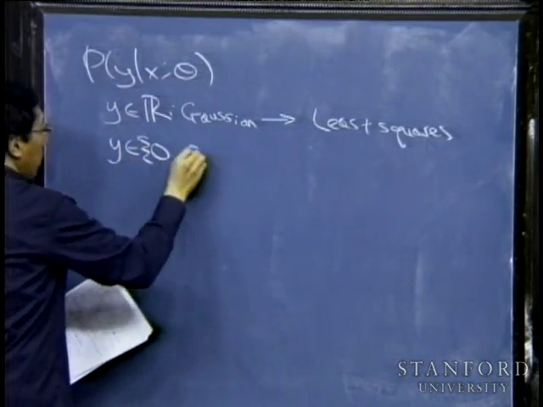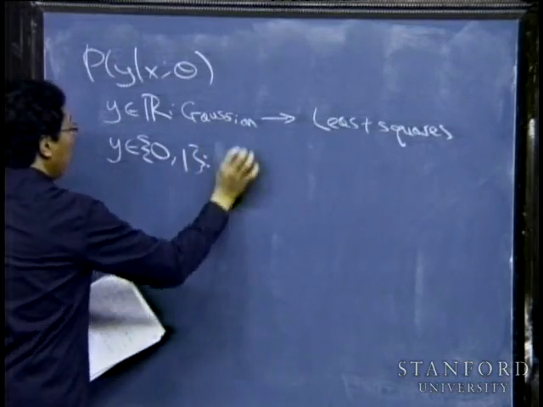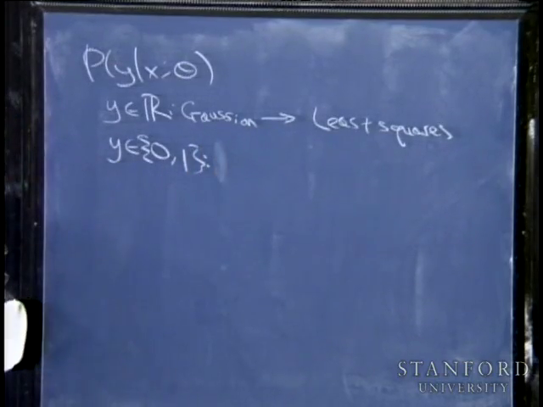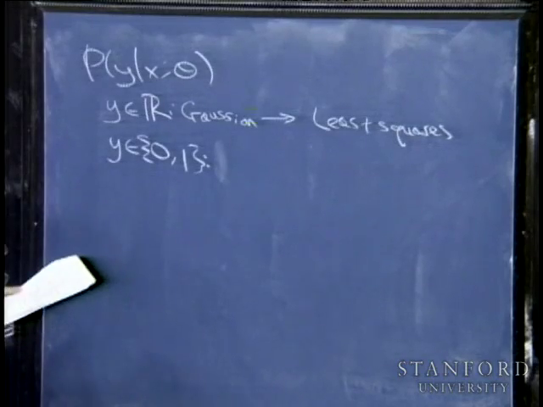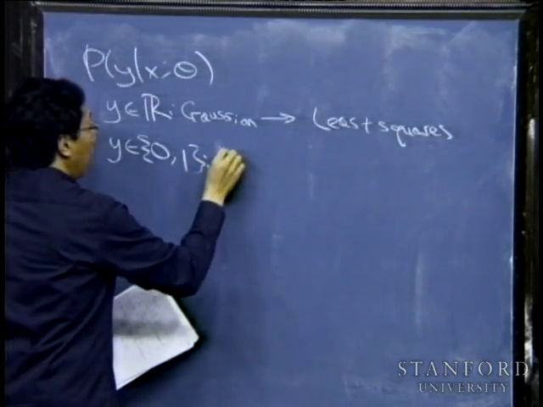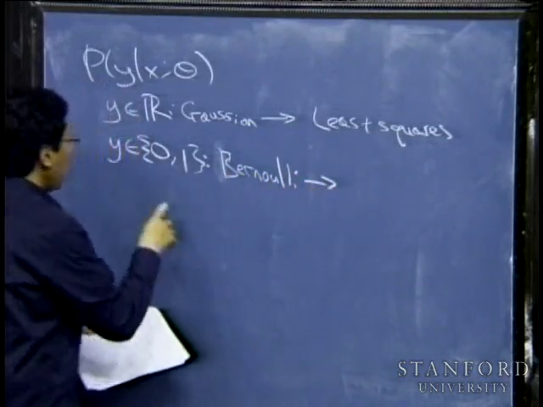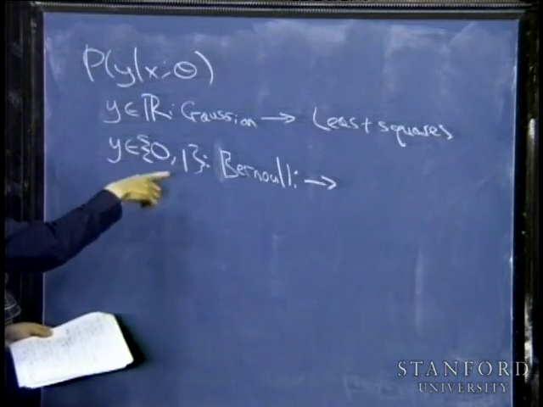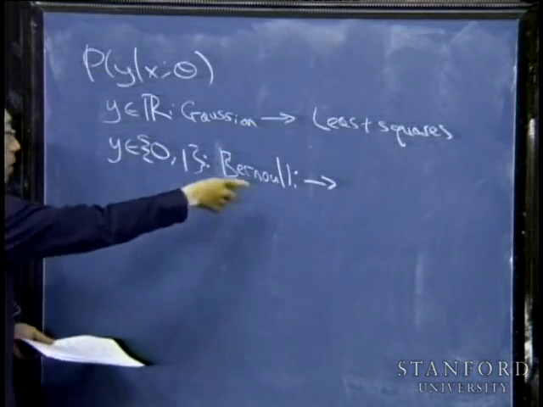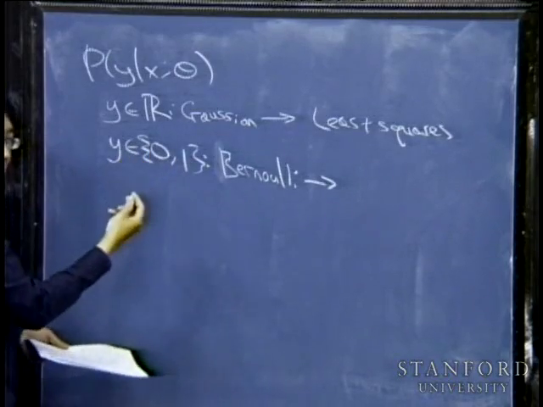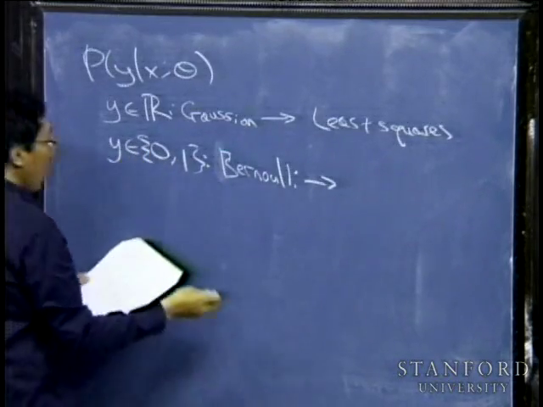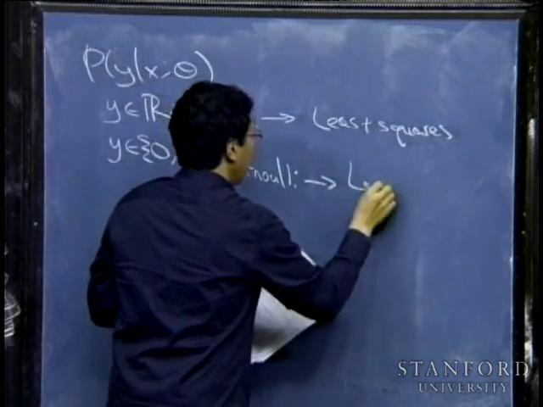In the other case, we saw that it was a classification problem where y took on the value of either 0 or 1. In that case, the most natural distribution over zeros and ones is the Bernoulli. Right? The Bernoulli distribution models random variables with two values. And in that case, we got logistic regression.